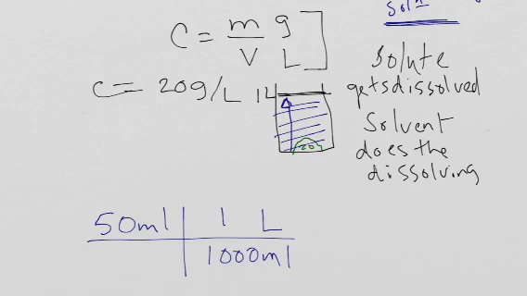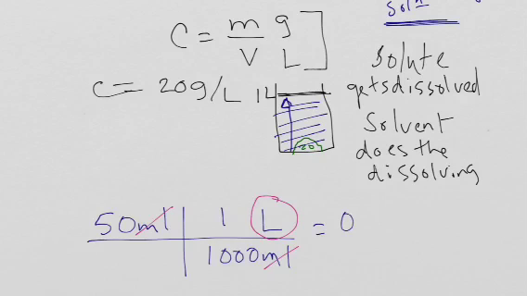Well, this cancels out with this. I'm left with the unit that I'm looking for. I multiply whatever's on the top, divide by whatever's on the bottom. So here, showing your work involves dividing 50 by 1,000. What does that give you?